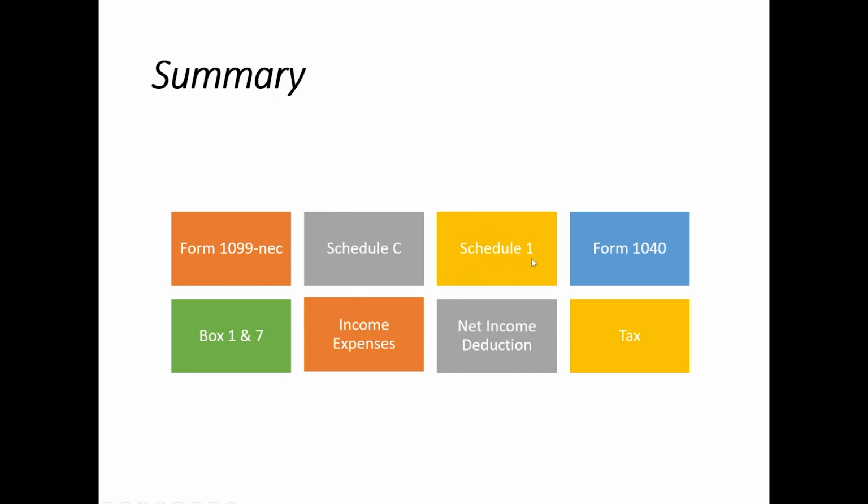Schedule 1 will allow you to take additional deductions such as self-employment tax, SEP IRA, and your health insurance and medical insurance. After you take those deductions, that number is going to go to page 1 of Form 1040, which is line 8 for the year 2022. Then you combine that income with other income and calculate the tax. So that's how it works.